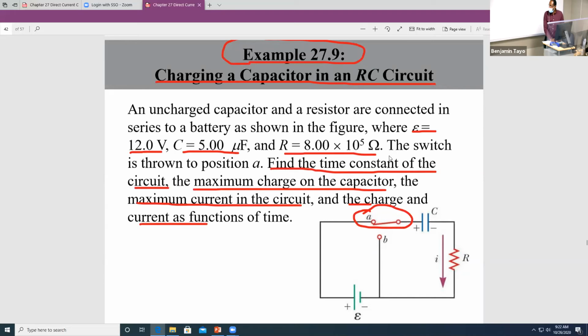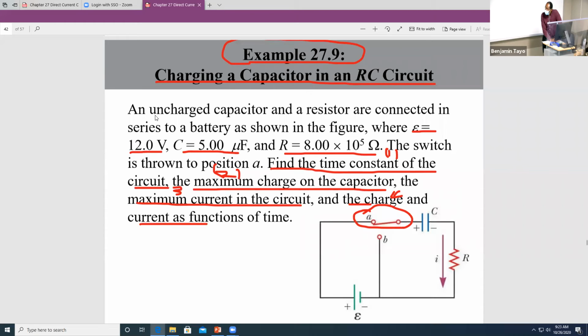The first one, number 1, is to get the time constant. Number 2 is to get the maximum charge on the capacitor. Number 3 is to get the maximum current. Number 4, we're going to calculate the charge and the current on the capacitor. If this was something that you have on an exam, you want to read this problem very well.